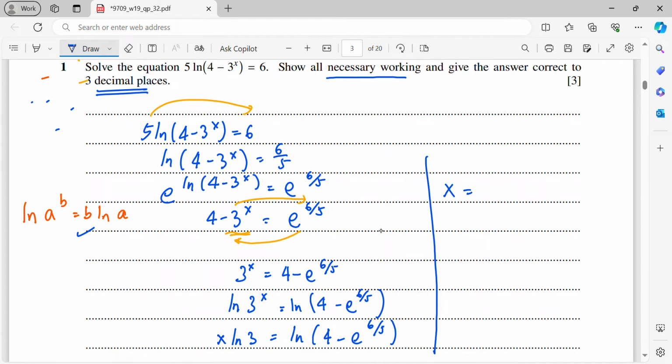It's like dividing the whole equation by ln 3. According to the question, you need to leave your answer correct to 3 decimal places. So from here, just take out a calculator and calculate all the numbers. At last, you will be getting negative 0.351. So that is the solution for question number 1.